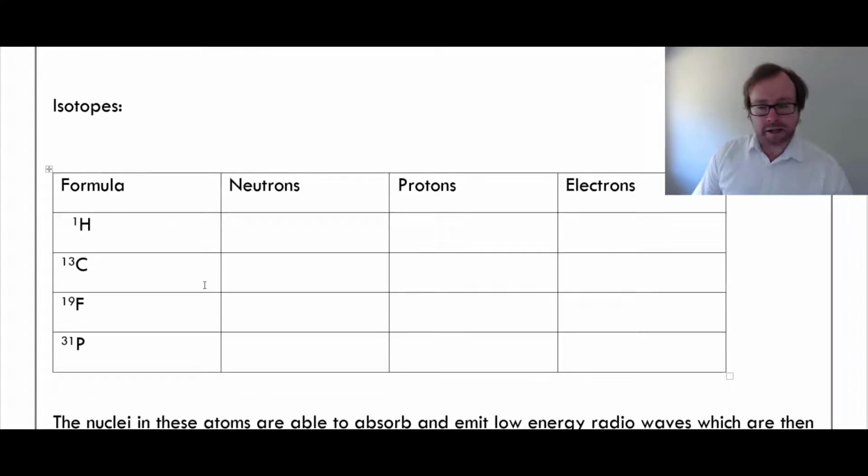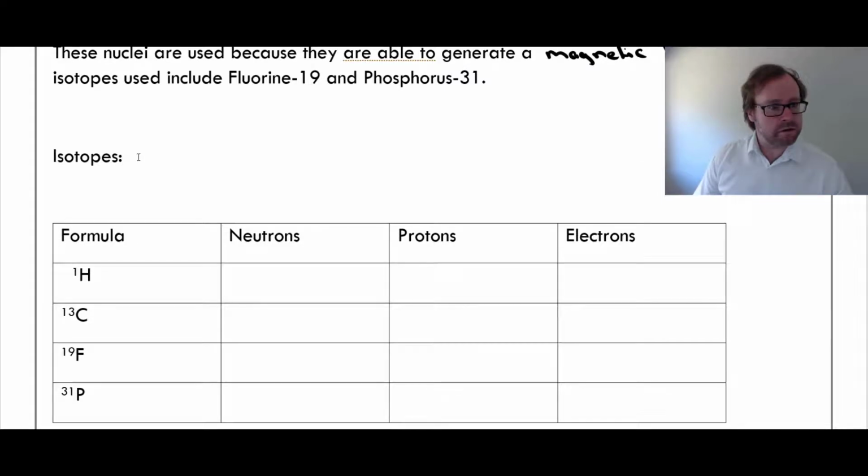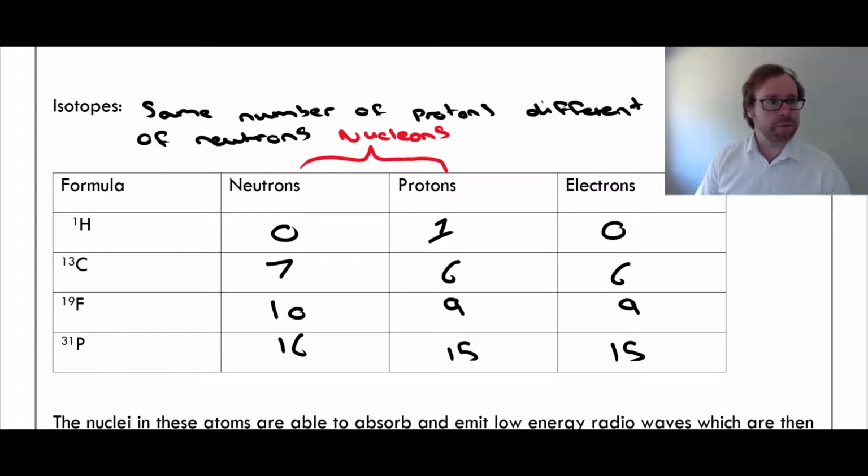I'd just like you to have a go at this. Define what an isotope is and work out the protons, neutrons and electrons for each of these atoms of the element. I'm sure you've all been able to do this, so a bit of revision. Isotopes have the same number of protons but different numbers of neutrons. I wanted you to fill this table out.